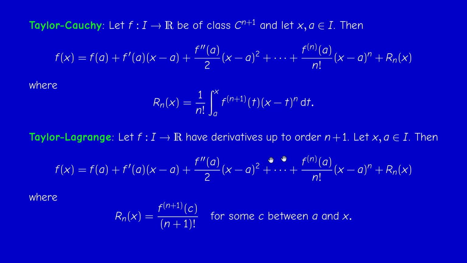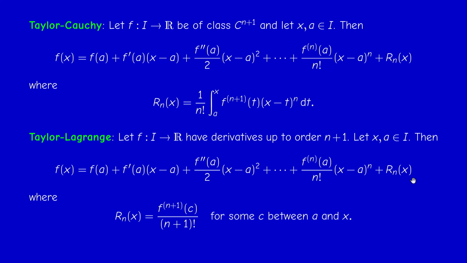And then we have something similar. f of x is a Taylor polynomial, the same one, plus a remainder. But the remainder has a slightly different form. It's f^(n+1) at some point c divided by n plus 1 factorial, for some c between a and x. Okay, so they are very close together, but the difference is in the assumption and in the form of the remainder.